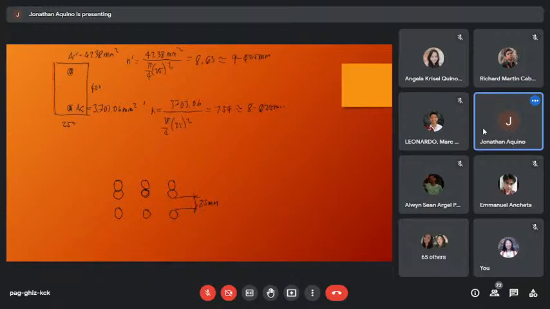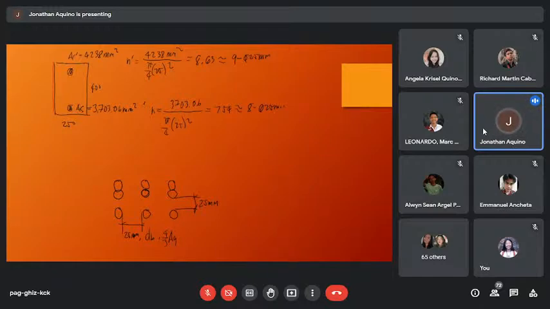Then the clear distance between bars should be 25 millimeter, diameter of bar, or 4/3 of the size of the aggregate. Since in our problem we don't have the size of aggregate, but normally for beams, we are using 3/4.